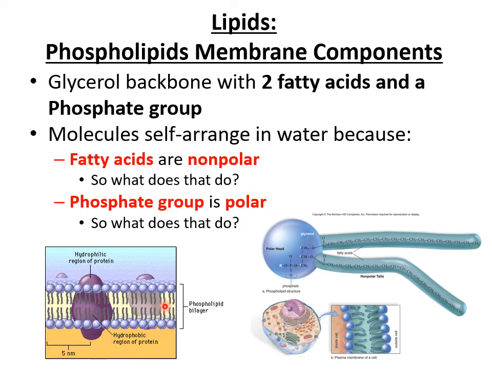All of those non-polar fatty acids are here in the center, hidden away, trying to protect themselves and avoiding water. So this is very important for cell structure, and we'll talk about that in later lectures. Again, phospholipids, what's very important is that idea of having polar and non-polar on one molecule.